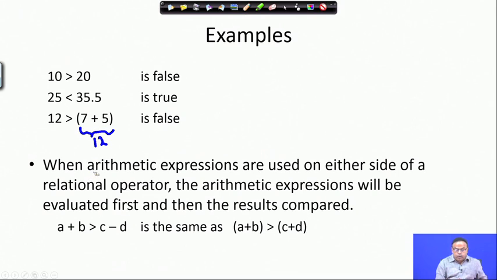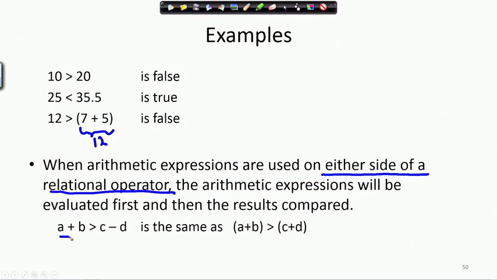So, when arithmetic expressions are used on either side of a relational operator, the arithmetic expressions will be evaluated first, in accordance with the precedence that we have already defined.